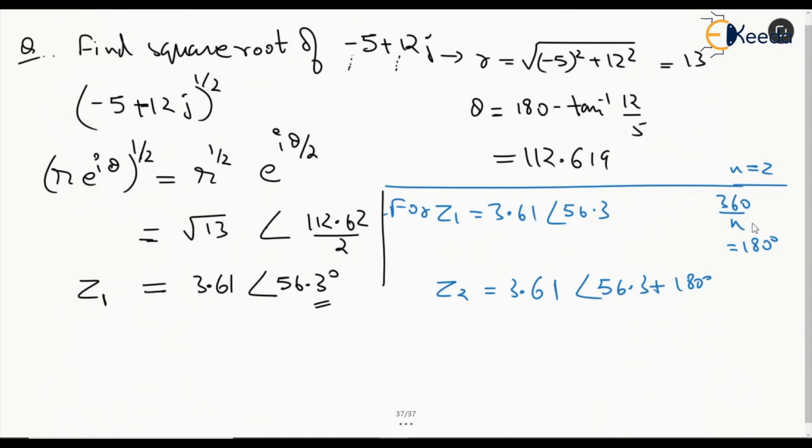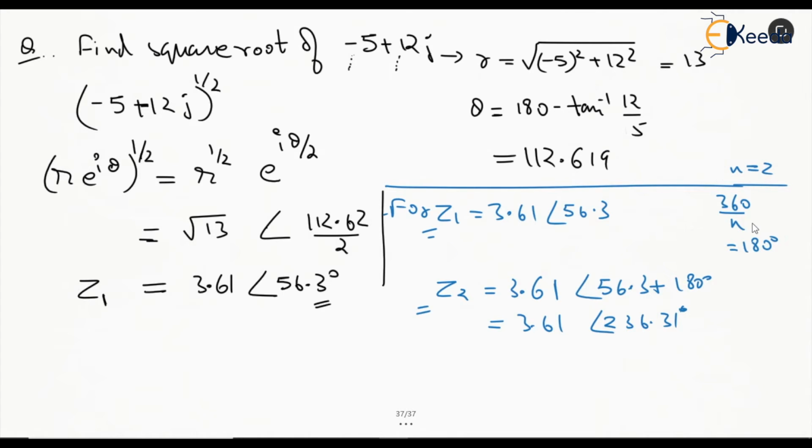So this is 3.61 at the angle of 236.31 if you want approximation. So these are the two roots, z1 and z2.